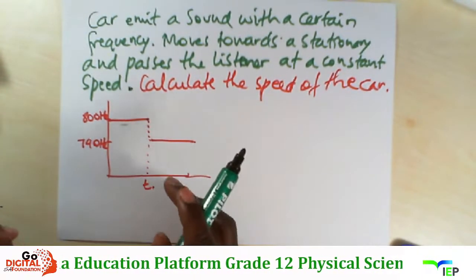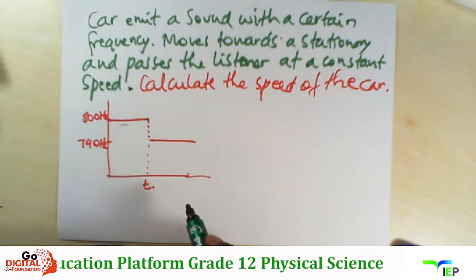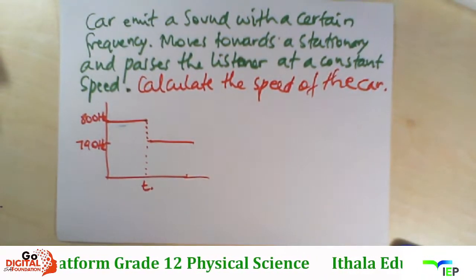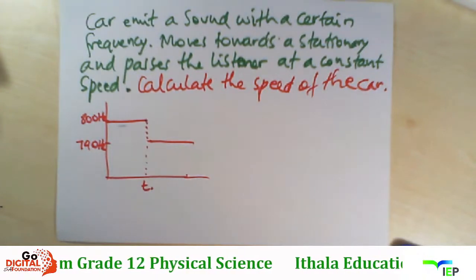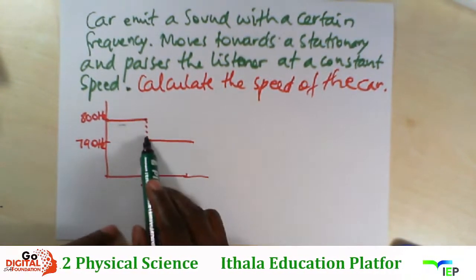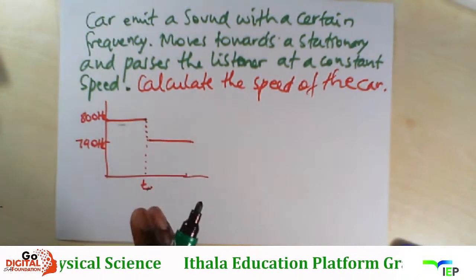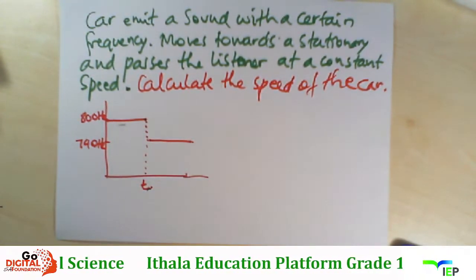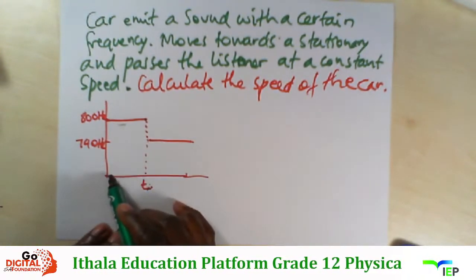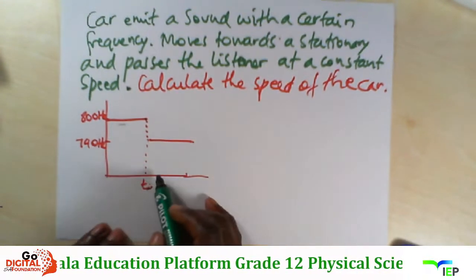If the frequency of the source we don't know, and it says calculate the speed of the car. Right, so the first question says t represents what? This t represents the time where the car was at the exact position of the listener at this point. Right, before t the car was moving toward.